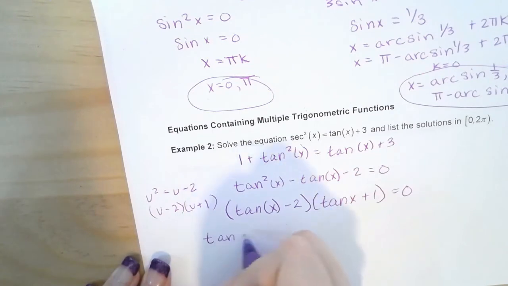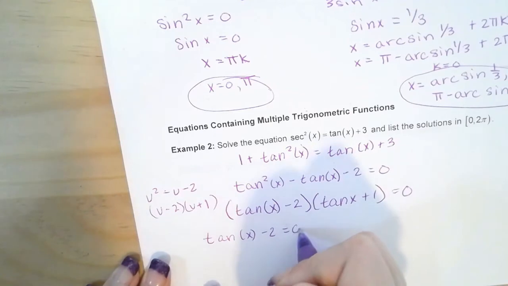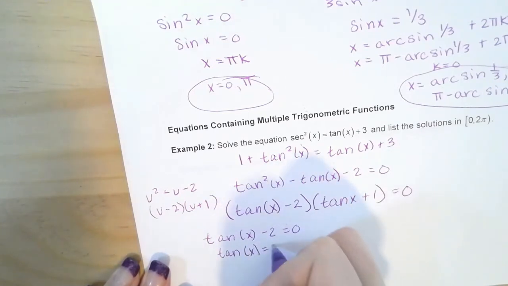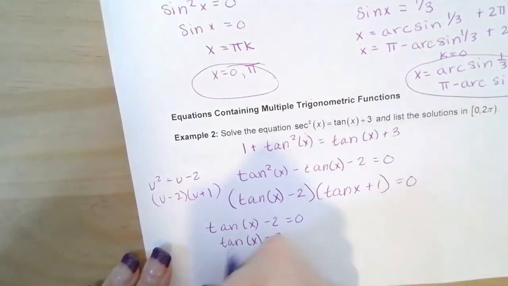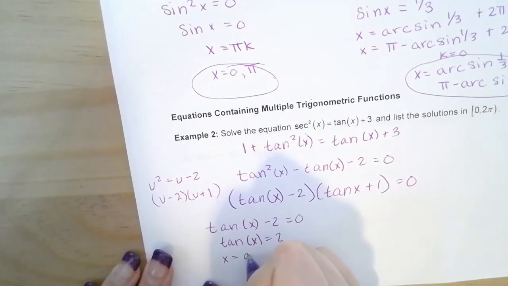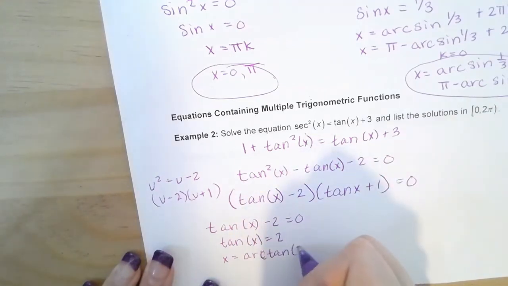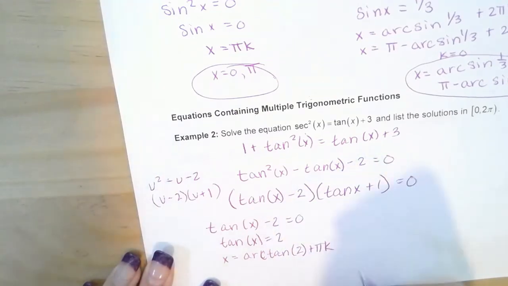So I get tangent x minus 2 equals 0, and I'll solve for that. So we get tangent x equals 2. That's not a nice number on our unit circle, so we get x equals arc tangent of 2, and we know this happens every pi k.